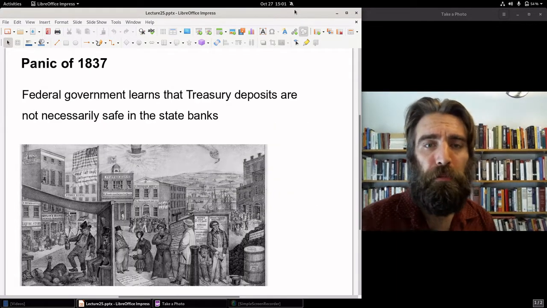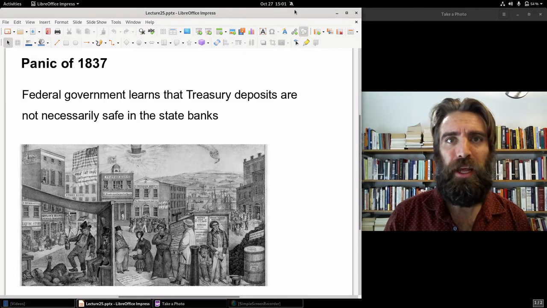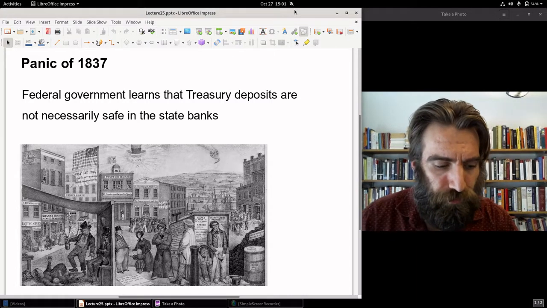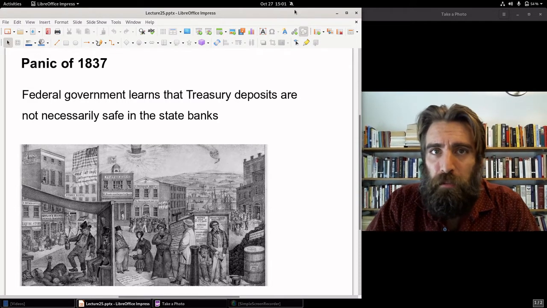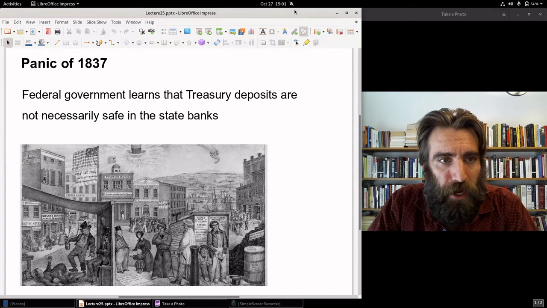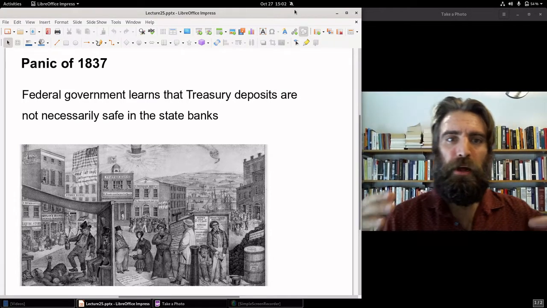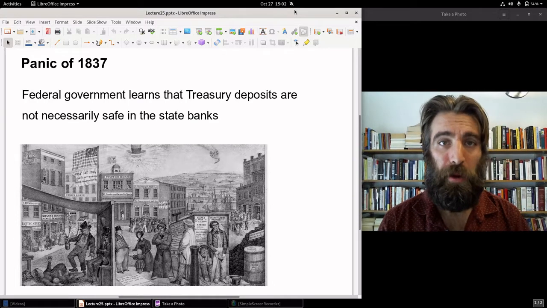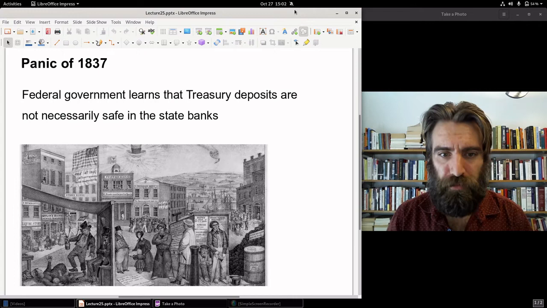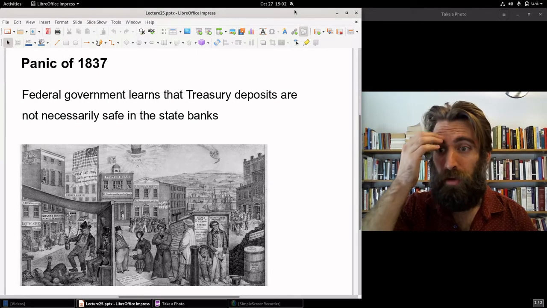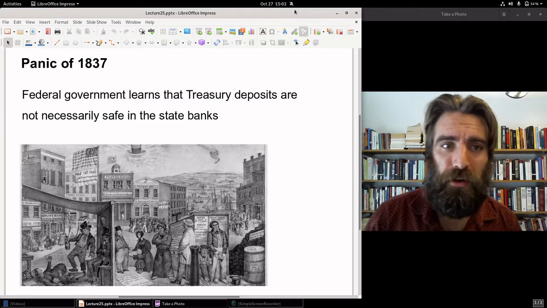Now, you'll recall from Lecture 23, the Panic of 1837 occurred. And the panic taught the federal government, Martin Van Buren happened to be president at the time, that it was a mistake to lodge Treasury deposits, federal funds, in the state banks, as state banks, especially out west, were reckless with the money. They mismanaged the money.